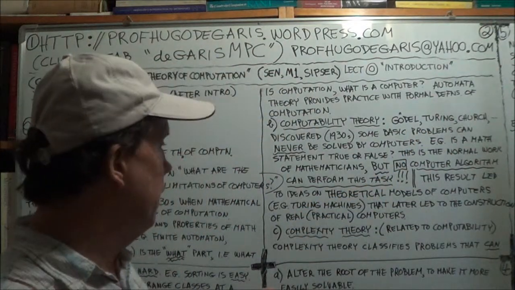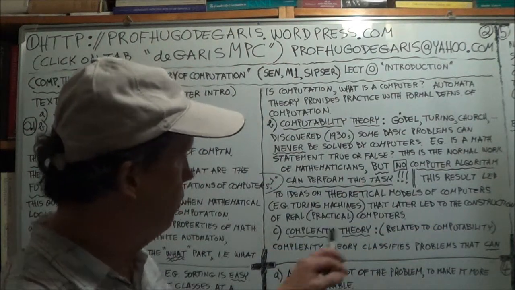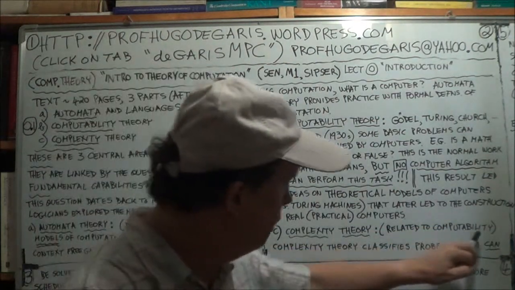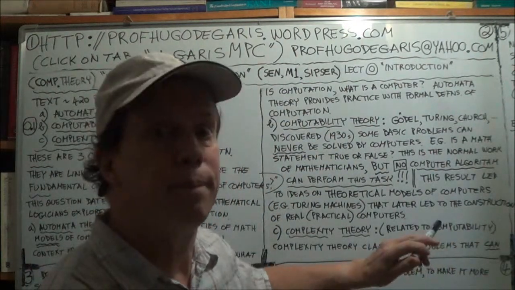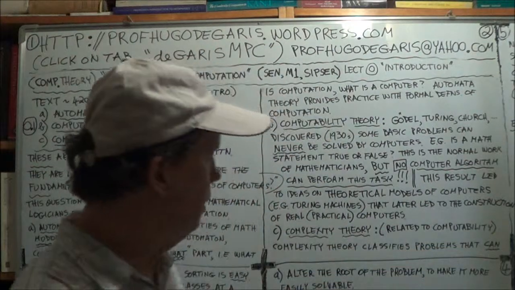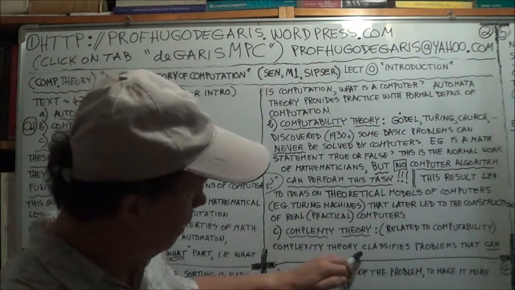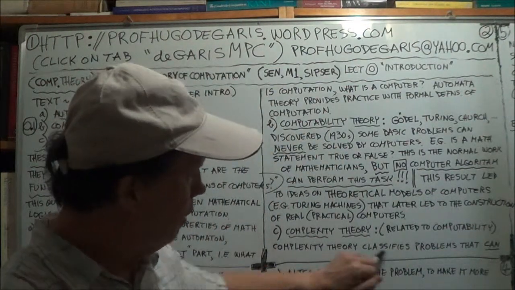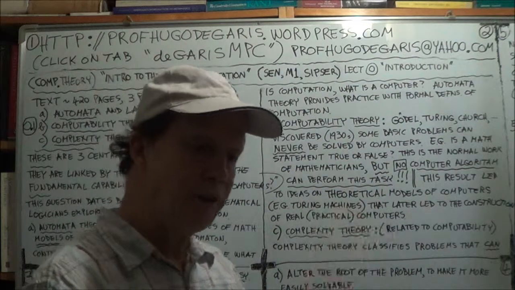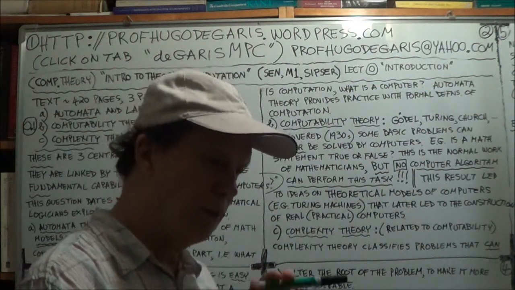Okay? And complexity theory, I'll talk quite a bit about that. It's connected to computability. In a sense, it's a subset of computability theory. In complexity theory, you take those problems that can be computed and you classify them into various levels of difficulty in how to solve them.